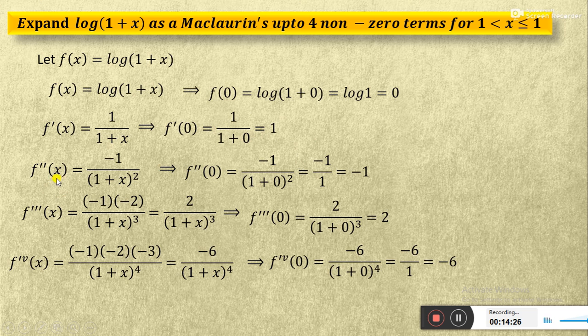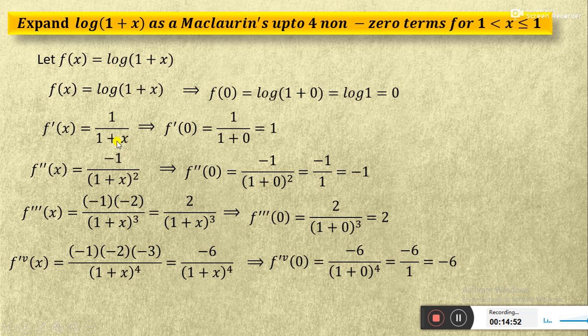Next I calculate f double dash of 0, the second derivative. I differentiate the first derivative, so f double dash of x equals the differentiation of 1 by 1 plus x. We know the differentiation of 1 by x is minus 1 by x square, so minus 1 by 1 plus x whole square.